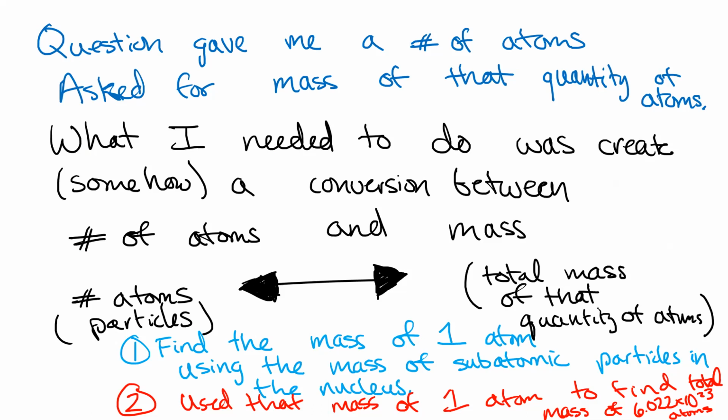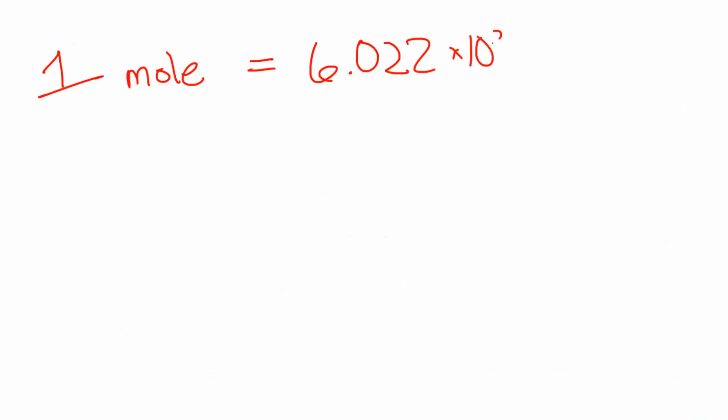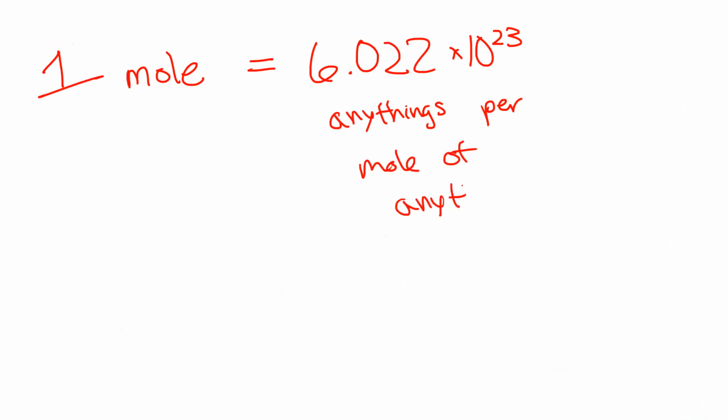This is something we will go over in another chapter, so I don't want to focus on it, but it turns out that we have this thing in chemistry that some of you guys know, some of you have heard: 1 mole, which is equal to 6.022 times 10 to the 23rd anythings per mole of anything.